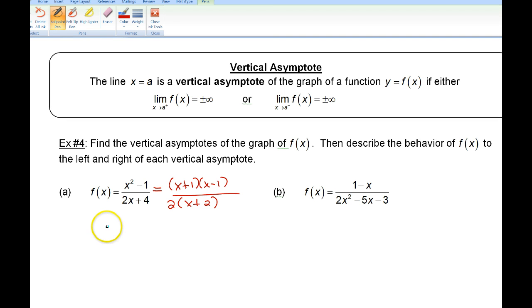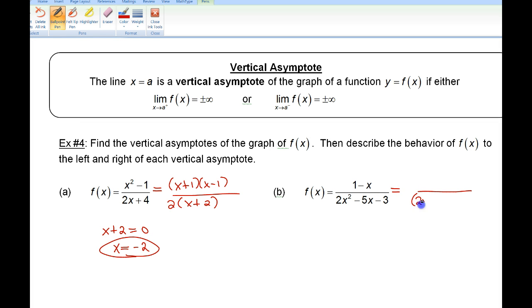So basically, x equals negative 2. The 2, you could just divide by 2. Whether you go back to 2x plus 4 and set that equal to 0, or take this and set it equal to 0, either one's fine. The 2 in front doesn't have any effect on your asymptote. How about the next one? Does that factor? You have to factor it.